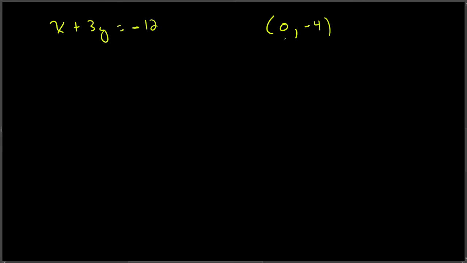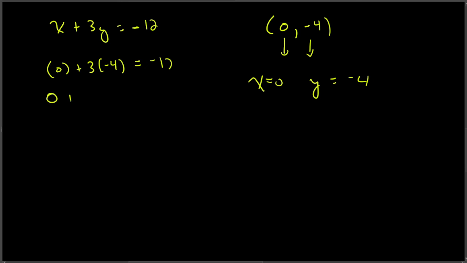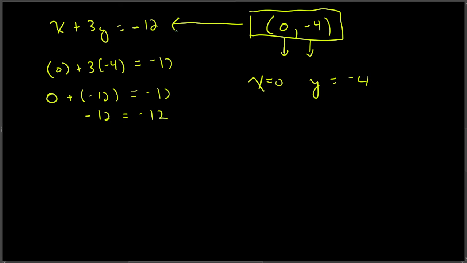What this is telling me is I can let my variable x equal 0 and my variable y equal -4. So I'll substitute 0 for x and -4 for y, and I want to see if this is true. So 0 + -12, -12 equals -12. And this ordered pair solves this equation.